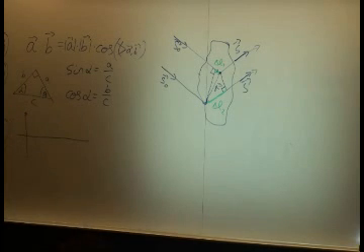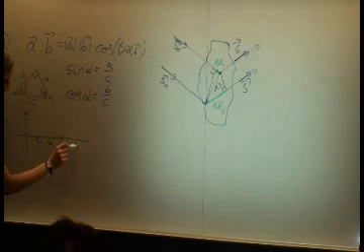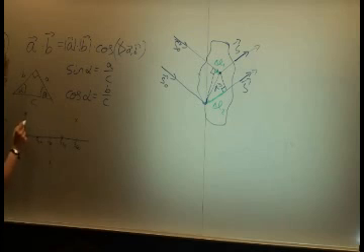Where does it go to 0? 90 degrees, right? What does it do after that? Goes to minus 1, right? Goes back to 0. Goes back to plus 1.